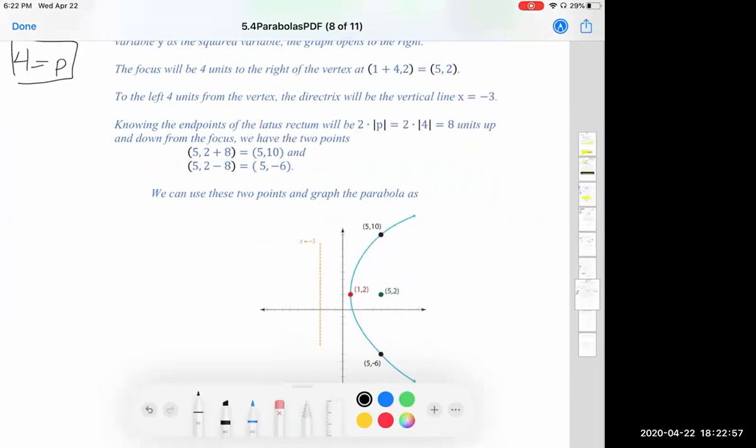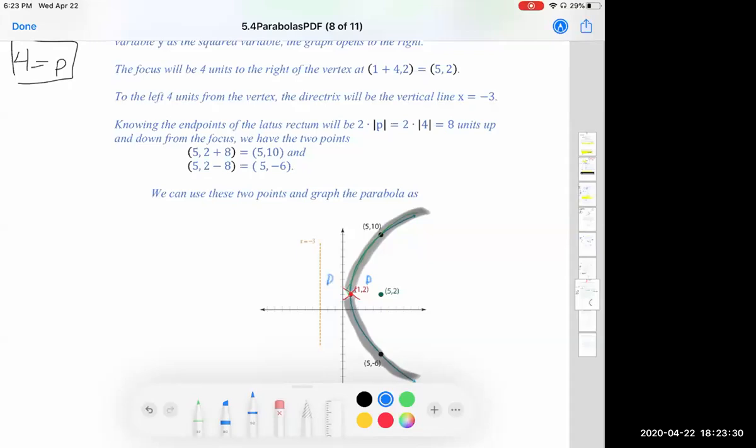So what I like to do again is take our vertex and say, okay, which way is our parabola open? We said it opens to the right. From there I can start labeling points. My focus is p units away, so whatever that p is, and my directrix is p units away from your vertex.